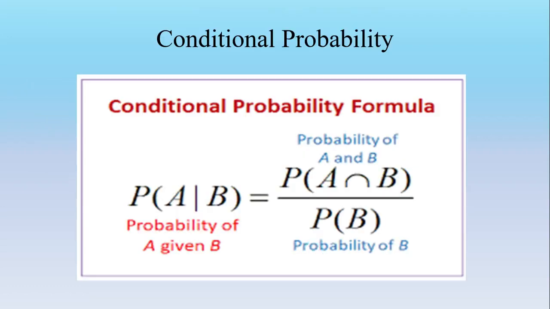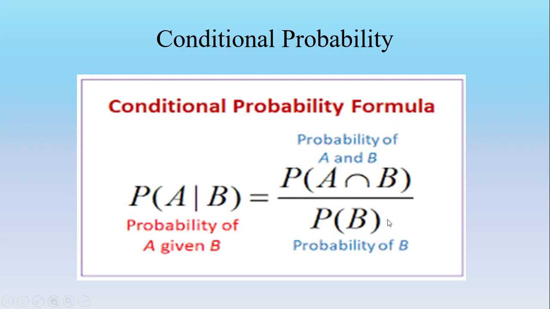Now moving to the next part, that is conditional probability. Conditional probability is the probability of an event occurring given that another event has already occurred. The conditional probability formula is given in front of you.